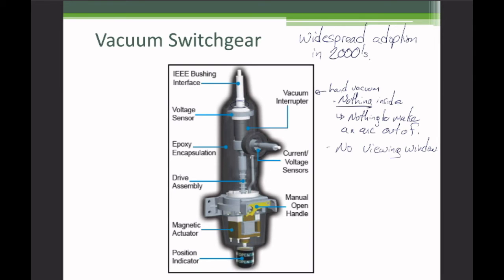Now, because these were designed in the 2000s, something had happened since our last generation of equipment. Computerization has occurred. So all vacuum switchgear is designed for remote and computer controlled operation.